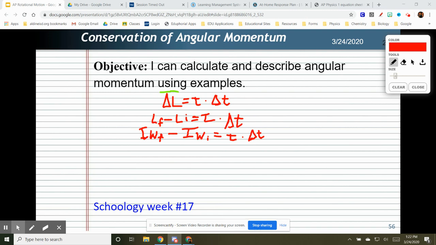Okay, so we're trying to define, in order for momentum to be conserved, the objects have to be in a system in which there are no net external forces acting upon them. So we have the same idea. That statement right there that Gabriel just made is for linear momentum. So how are we going to change Gabriel's statement to apply for angular momentum?